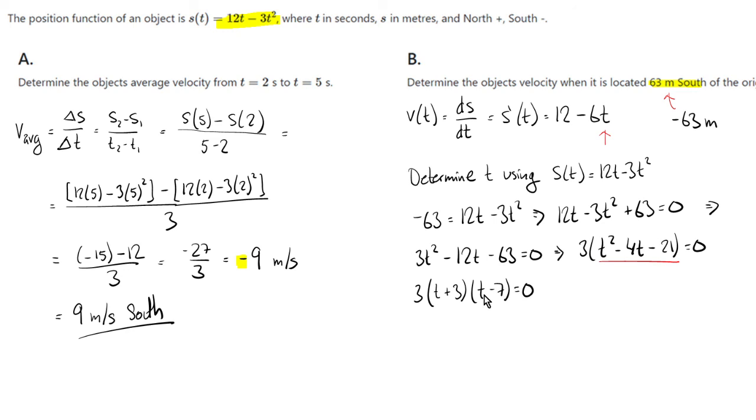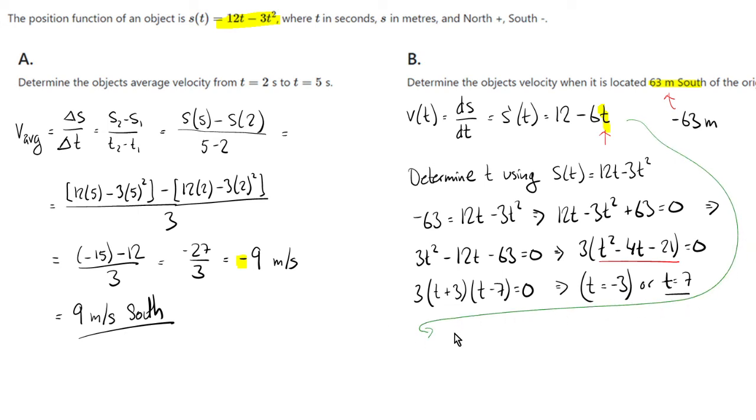Using the zero product theorem, we can now determine that t equals either negative 3 or positive 7. Time cannot be negative, so we're going to reject negative 3 in this context, and we're going to use t equals 7 seconds. That's the time we're going to be plugging in.